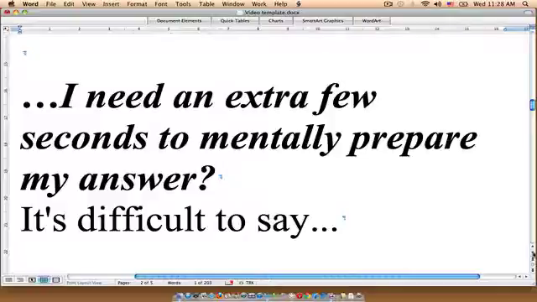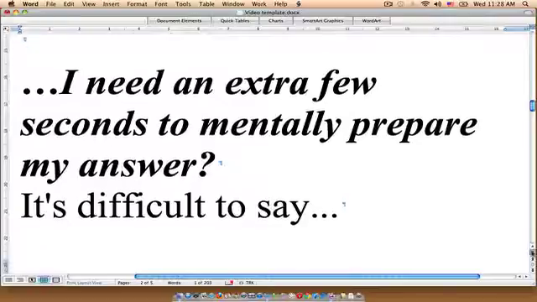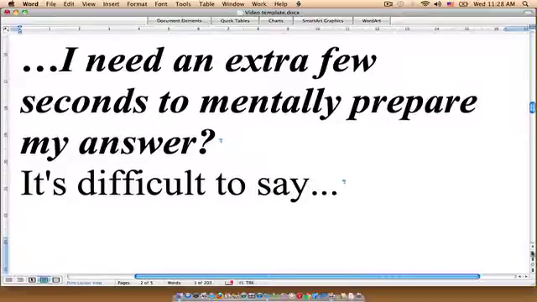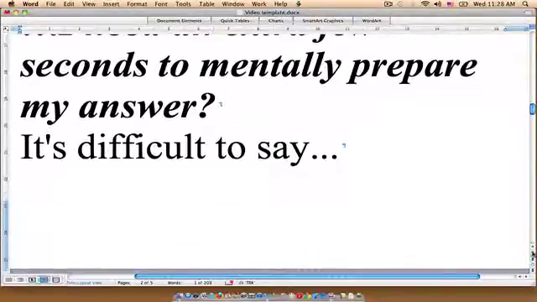So some ways that we can avoid this is to use these following phrases. So now if you're asked a question and you just need an extra couple of seconds to think about what it is you're going to say, try one of these. It's difficult to say. Now, if you say it in that sense, you even give yourself a few extra seconds to think further.